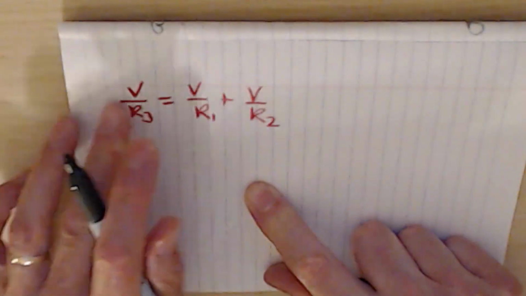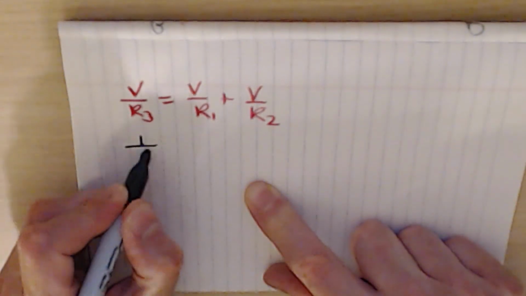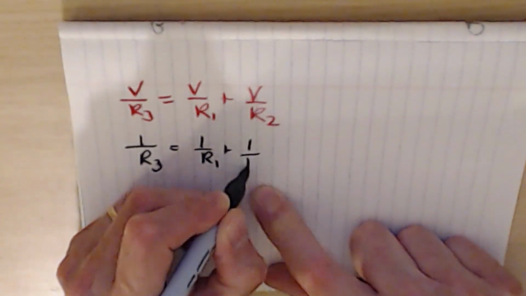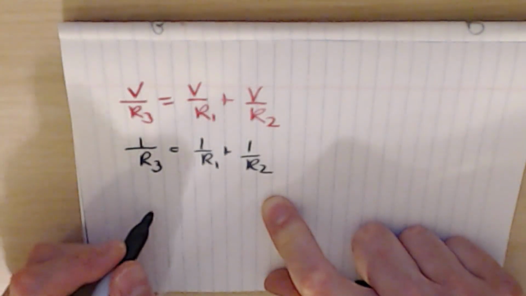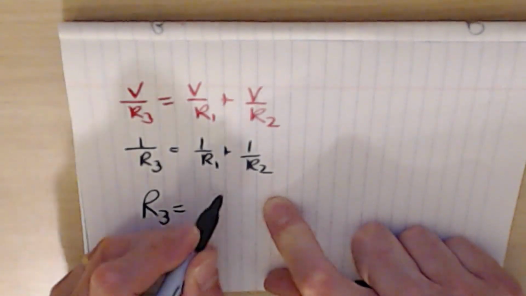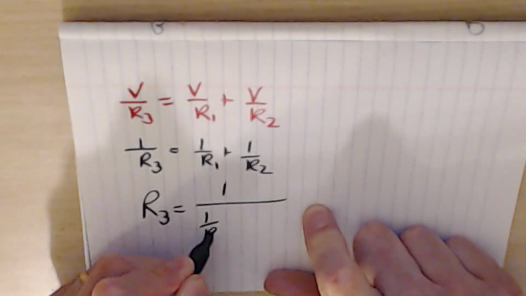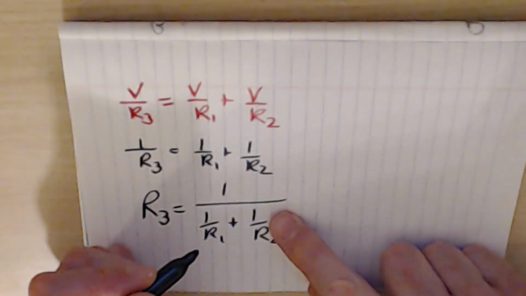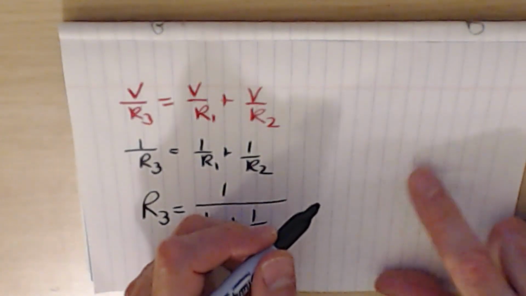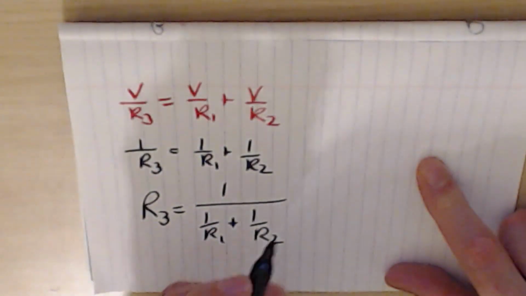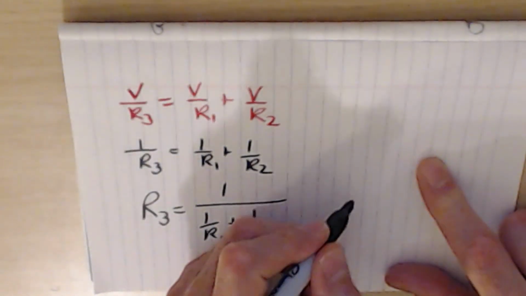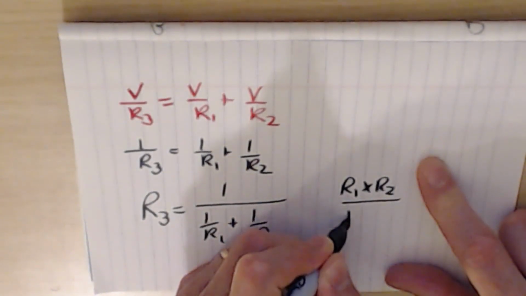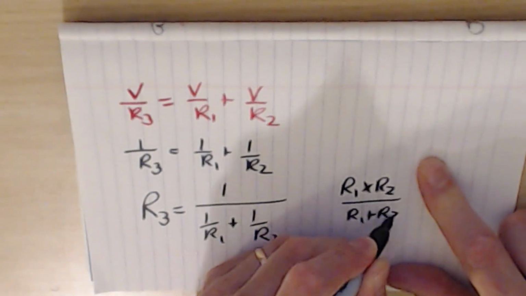We just need to divide everything by V, and we get 1 over R3 equals 1 over R1 plus 1 over R2. But what I did get from that is another very useful way of visualizing that, which is you can actually have R3 equal to R1 times R2 divided by R1 plus R2.